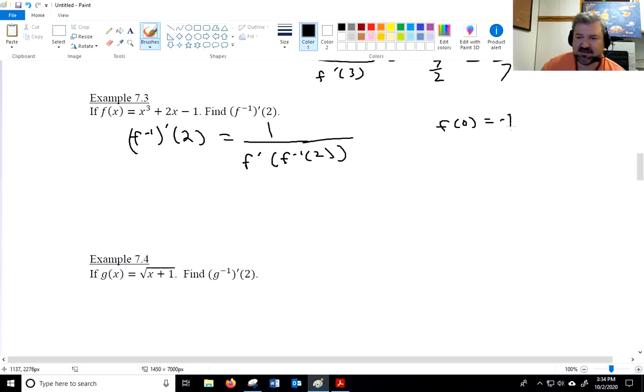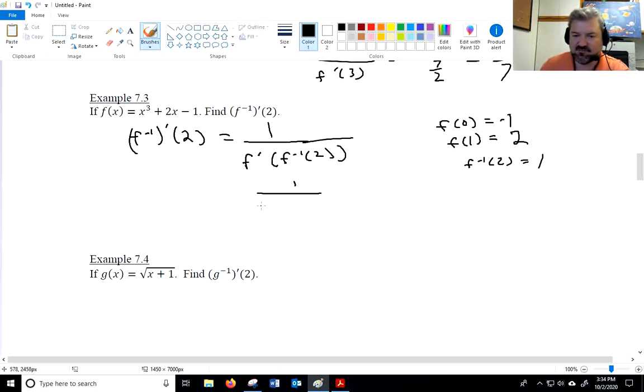Well, f of 0 is negative 1, so that's not right. But let's try f of 1. F of 1 is 1, plus 2 is 3, minus 1 is 2. So just from simple guess and check, and it's usually like 0, 1, 2, something like that, just by simple plugging and checking, we see that f of 1 is 2. That tells me that f inverse of 2 must be 1.